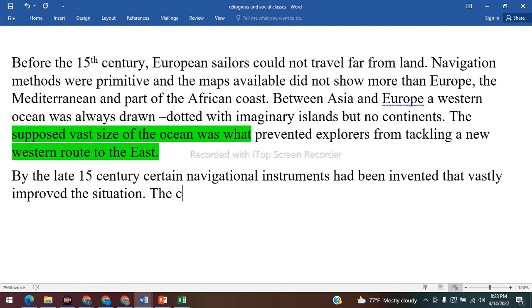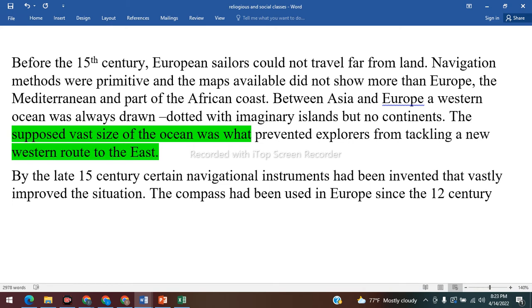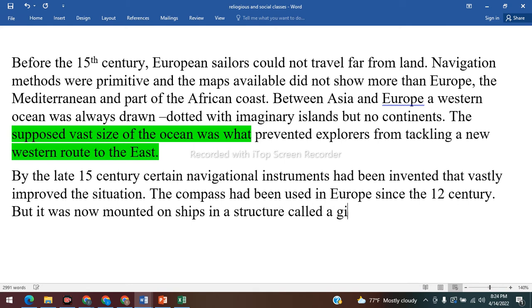The compass. So one of the things that was invented was the compass. The compass had been used in Europe since the 12th century, but it was now mounted on ships in a structure called a gimbal, all right, to allow it to move freely.